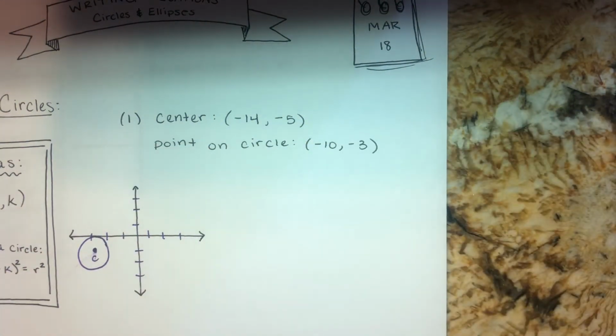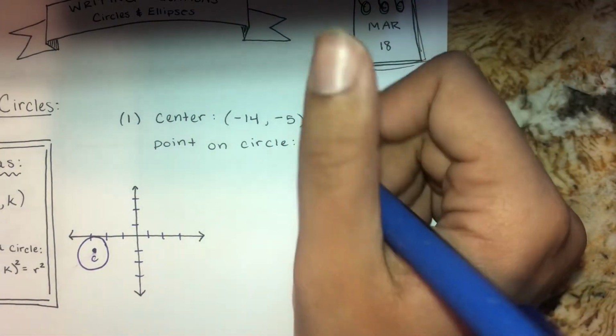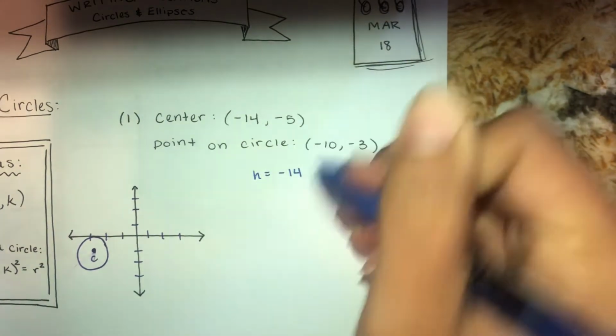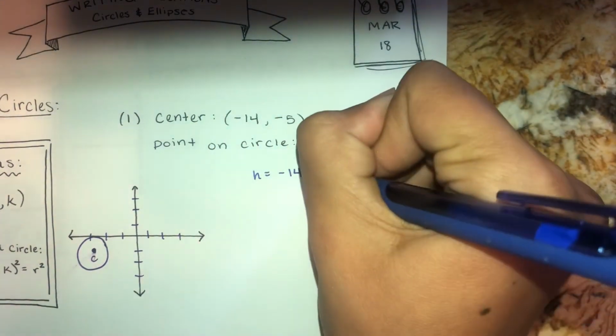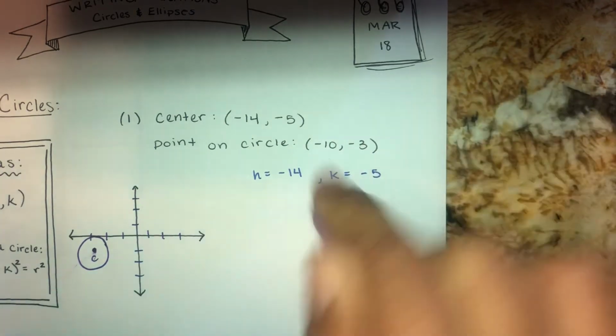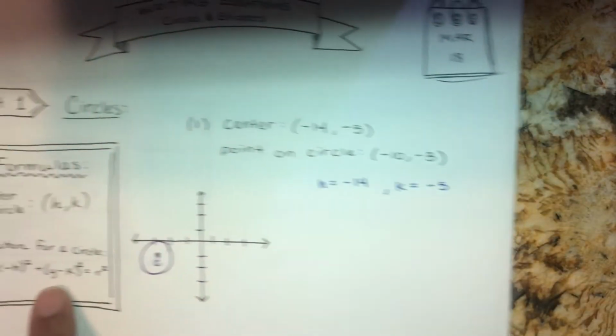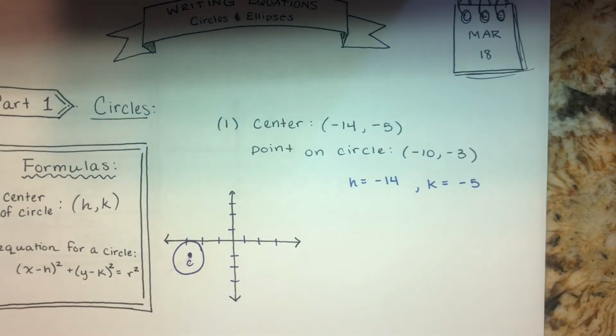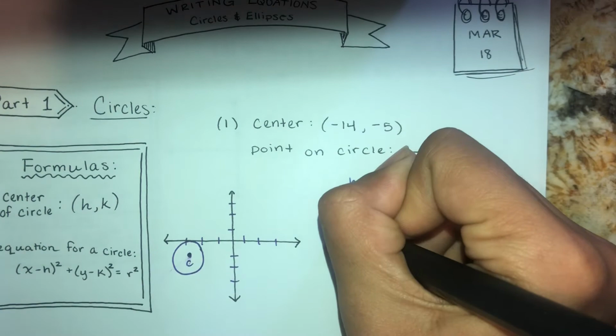All right, let's start off by labeling some information. So h is negative 14, right? K is negative 5. What else do we need for this formula? We need r squared, but we'll do that later. Let's start off by just plugging this information in.